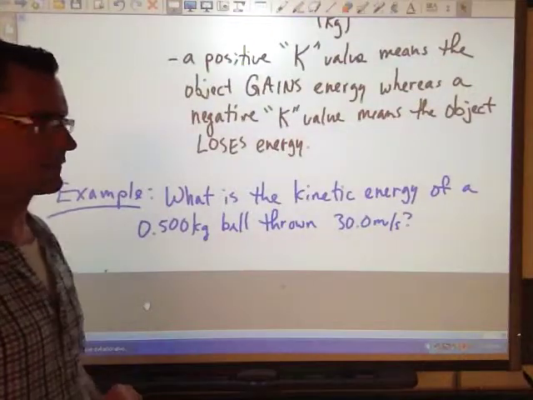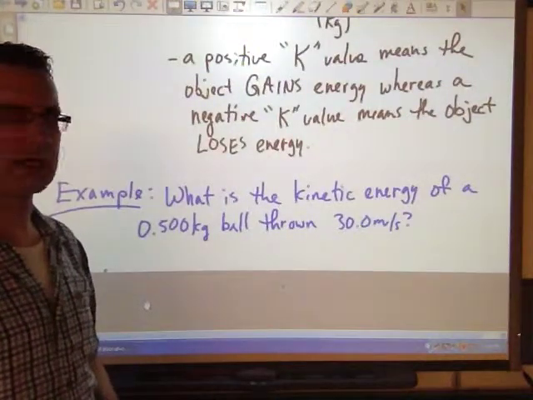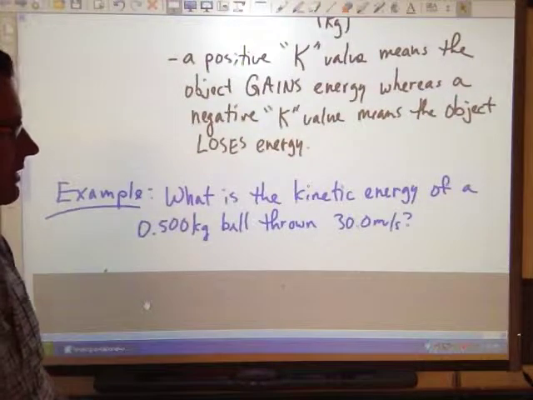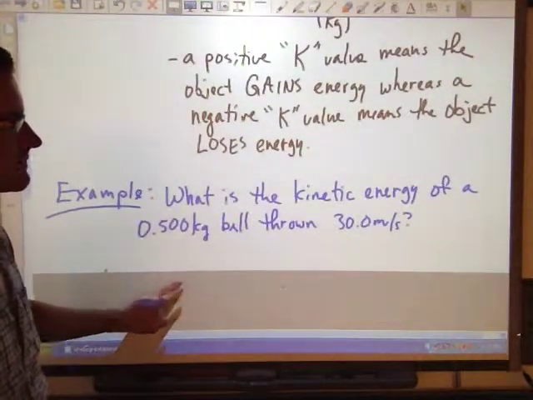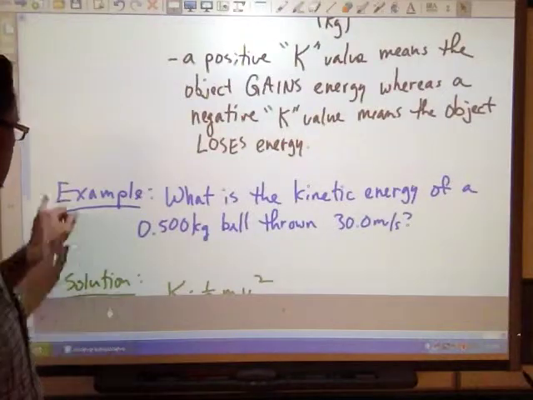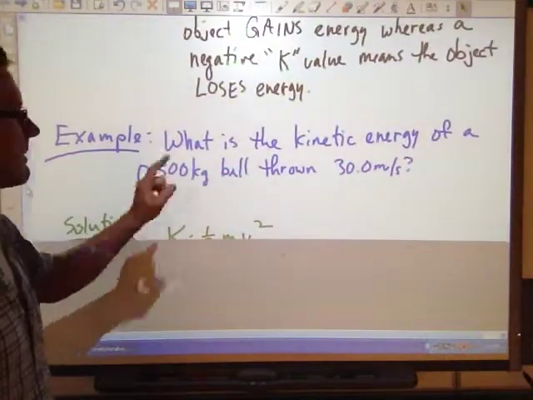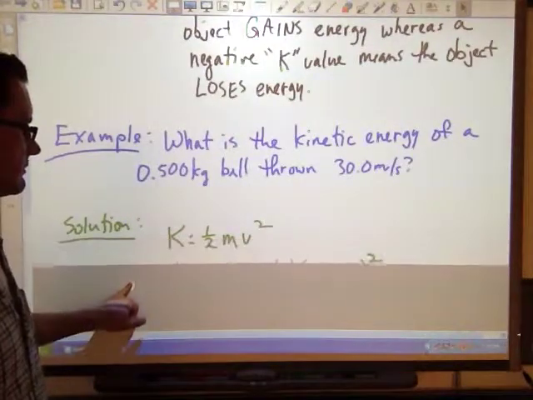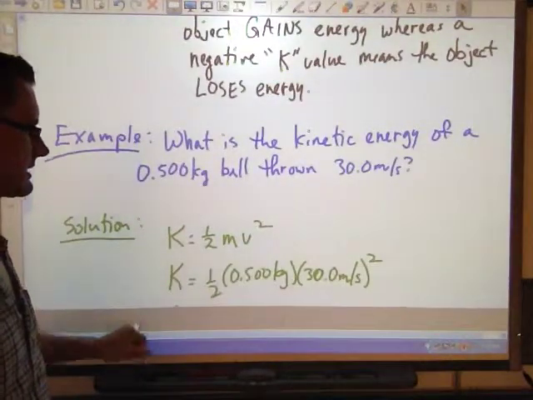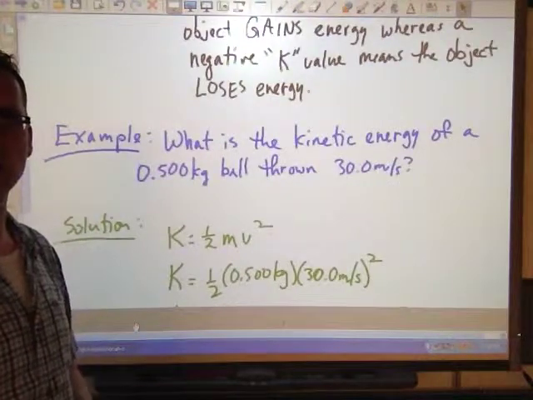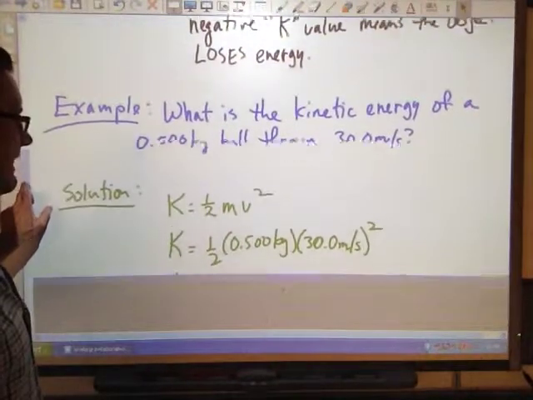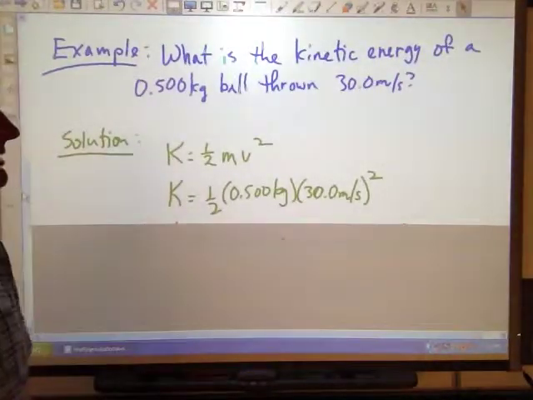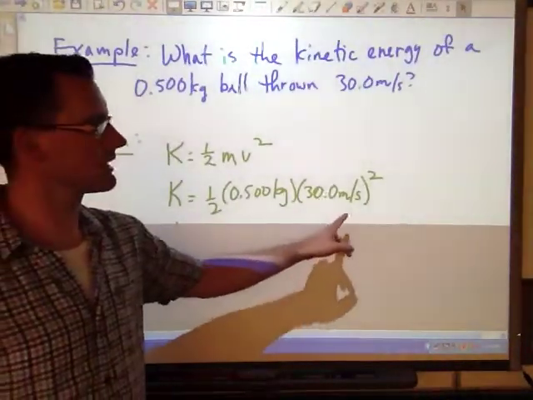So just a fairly straightforward example here using that idea. What is the kinetic energy of a 0.500 kilogram ball thrown at 30.0 meters per second? So solution, we know what the mass is, we know what the speed is, so it's relatively straightforward, just simply substituting it into that equation, and we get 1/2 of 0.5 kilograms multiplied by 30.0 meters per second, all squared.